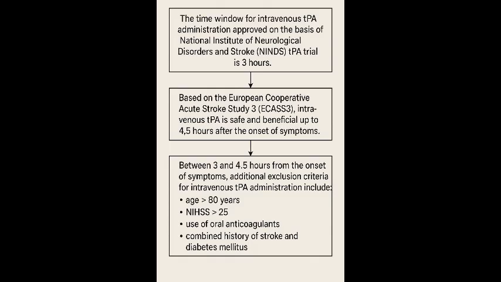So some people say that between 3 and 4.5 hours of onset of symptoms, additional exclusion criteria for IV TPA administration include age more than 80, NIHSS of more than 25, the use of anticoagulants, and a combined history of stroke and diabetes mellitus.